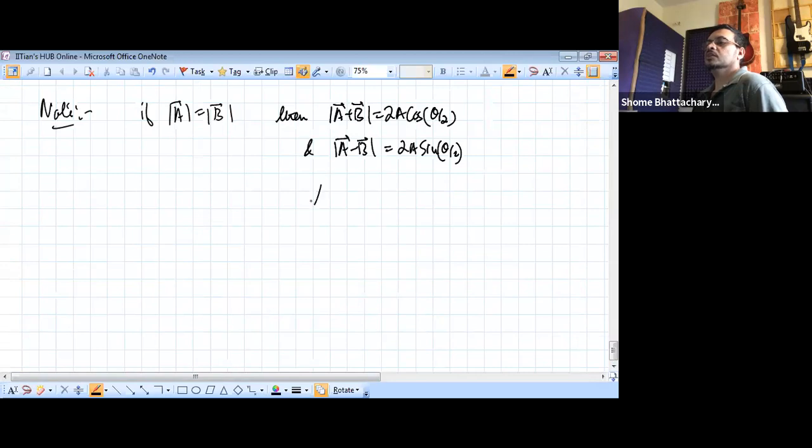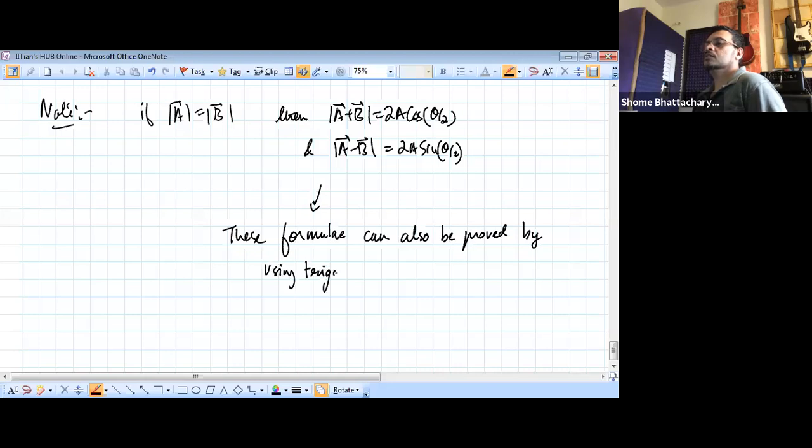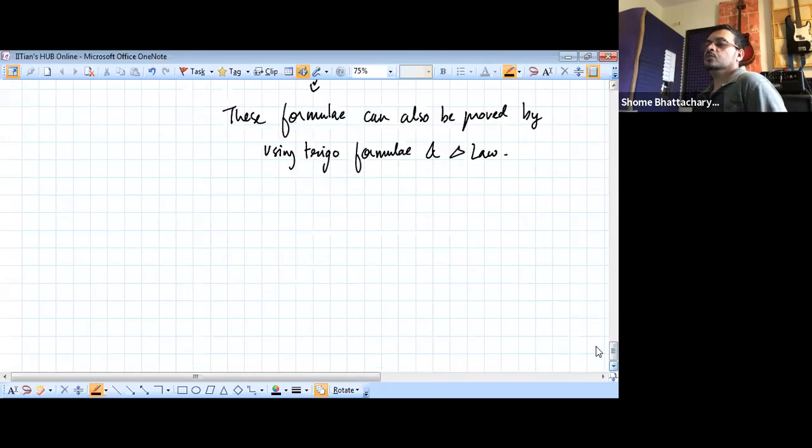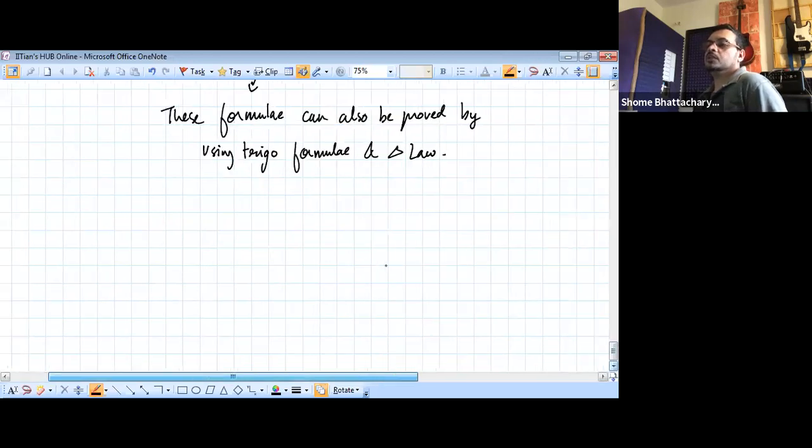Now these two formulae, which I have given you a geometrical proof, they can also be proved by using trigonometry formulae and triangle law. But for that you have to know these trigonometry formulae. I'll tell you which ones you have to know.